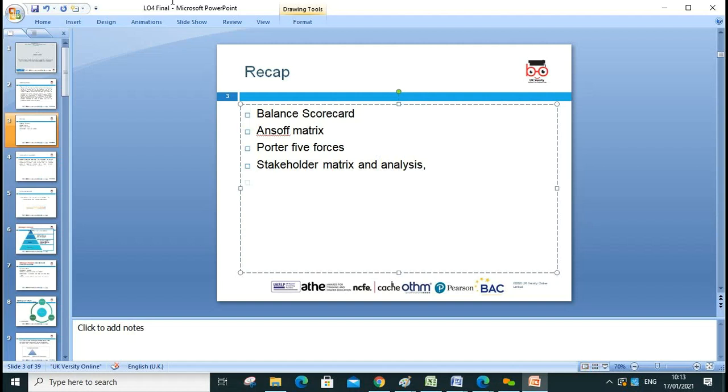Next we discussed strategies. Yes, strategic choices. We discussed SWOT and TOWS. We discussed Porter's generic strategies. We mentioned differentiation, cost focus, and cost leadership.